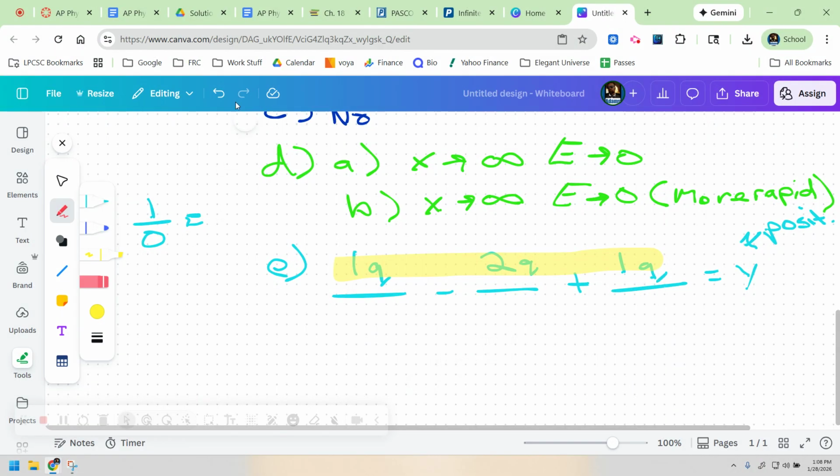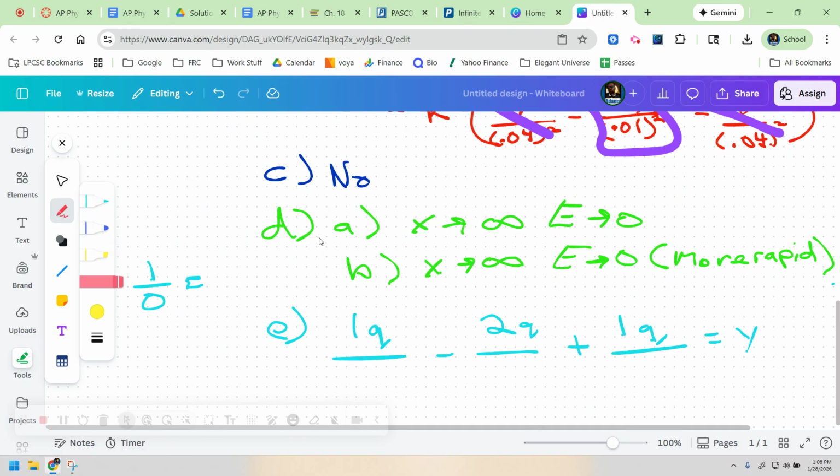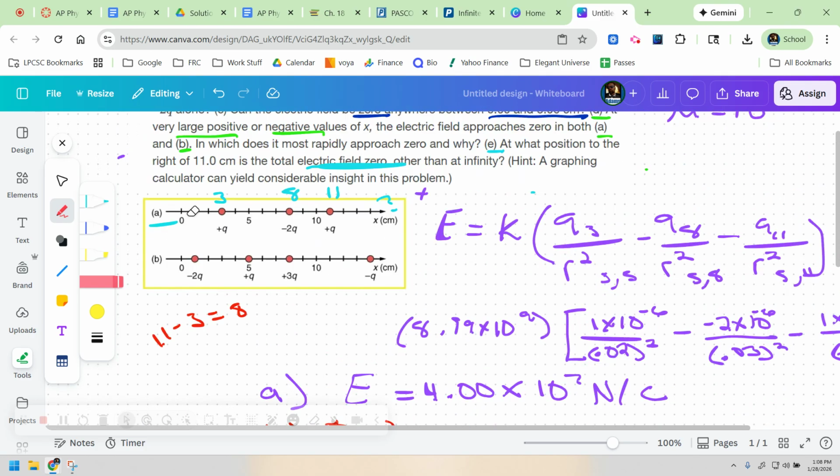And actually, let me back up for a second. I don't want Y to be the position. I don't know what that charge is, but this charge is based on the distance from wherever this is, right? So my first charge is at 3, my next charge is at 8.